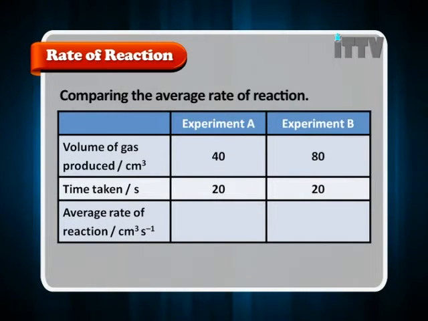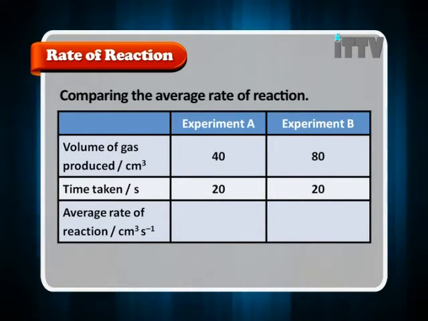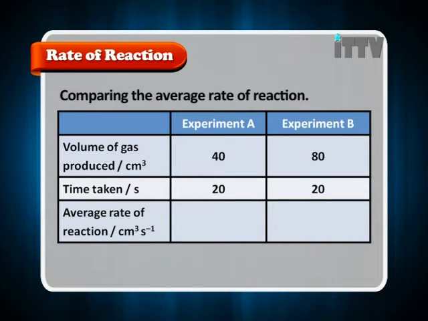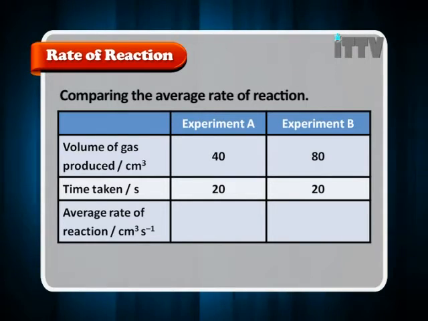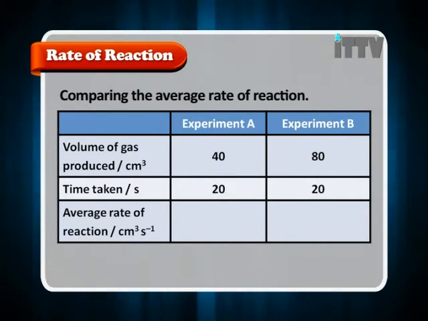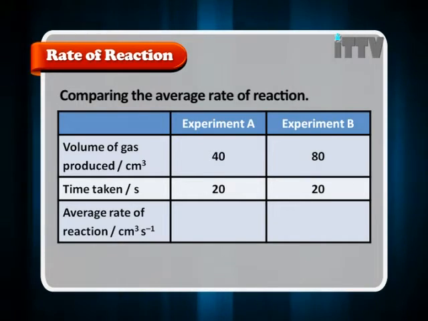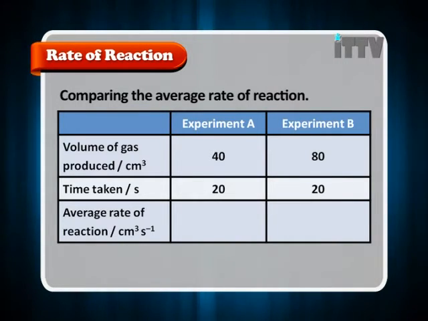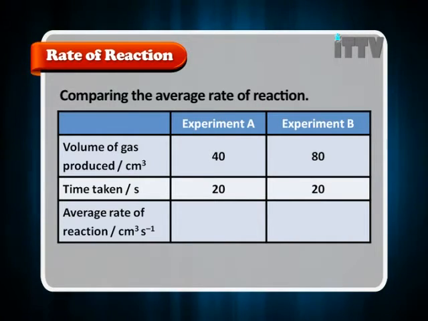The tabulation of data shows that in experiment A, the volume of gas produced was 40 cm³. In experiment B, more gas was produced. In experiment B, we collected 80 cm³ of gas. Remember, the time taken for both experiment A and B was identical, 20 seconds.